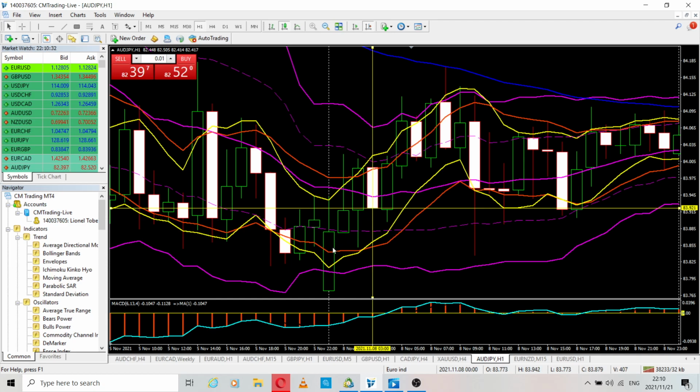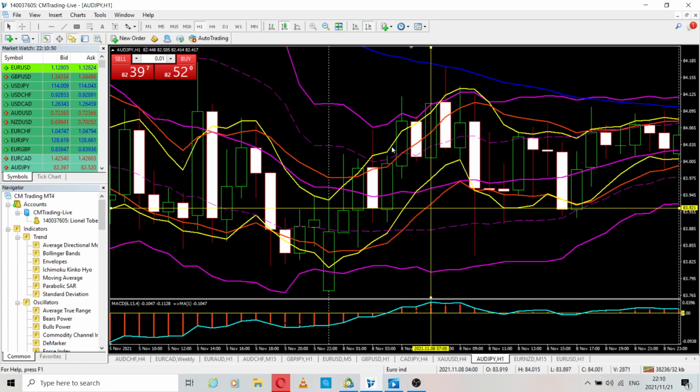So this was the last candle. 1, 2, 3, 4. This was the last candle. We are counting again from 1, 2, 3, 4. This is the next one. 1, 2, 3. This is the candle.